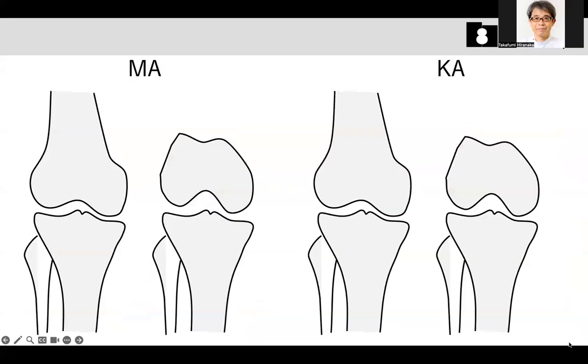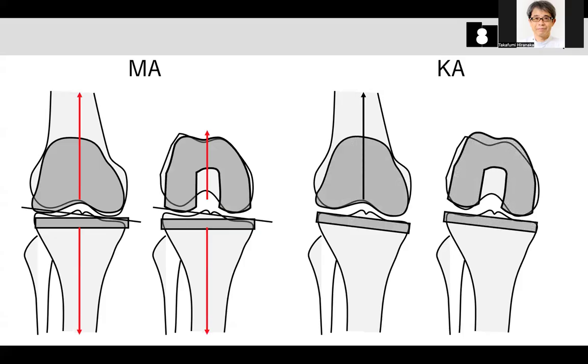Okay, so as I said, in the mechanical axis TKA, the standard and reference line is the mechanical axis. On the other hand, our reference line is the joint line. So in mechanical alignment, we should ignore the joint line.